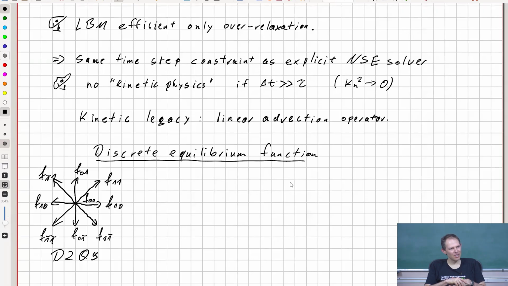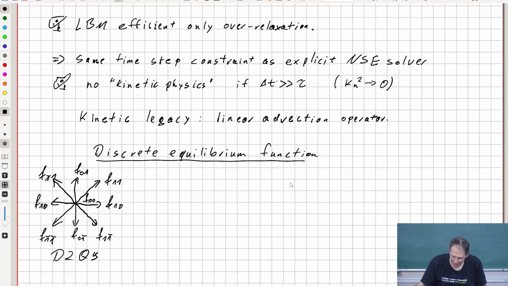If I just set the velocity equal to 0, will it be numerically stable? I mean, you still have to fulfill the diffusive CFL condition. That means the diffusivity must not be too high. Okay, thank you.